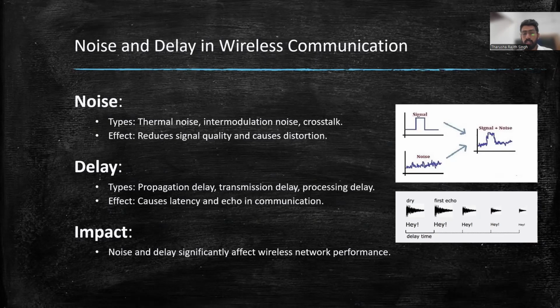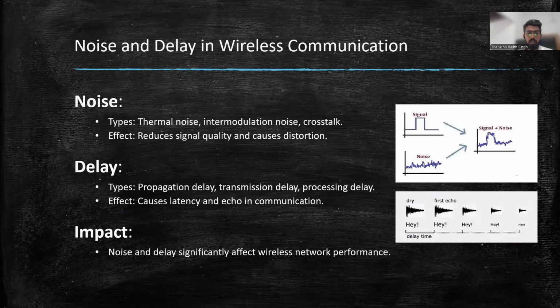Noise reduces the signal quality, leading to errors and data loss, while delay causes latency, making real-time communication less efficient. To mitigate these issues, techniques like error correction, signal filtering, and synchronization are used. Understanding noise and delay is essential for designing a robust and efficient wireless communication system.